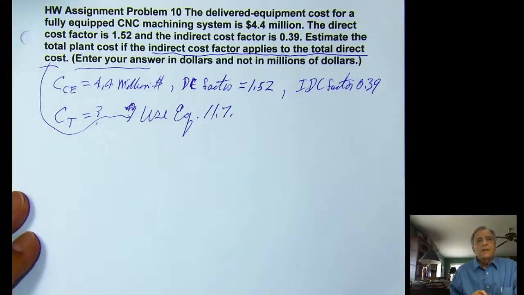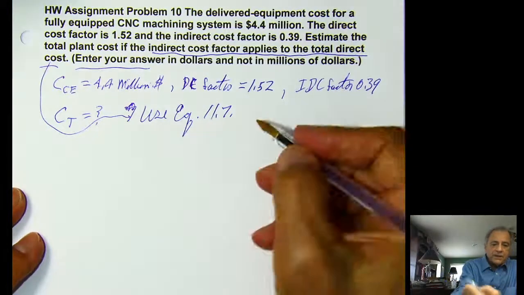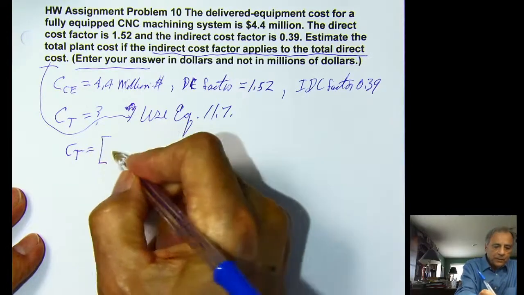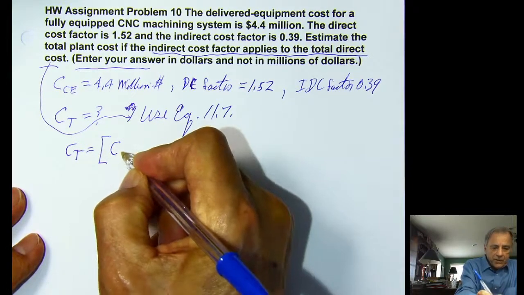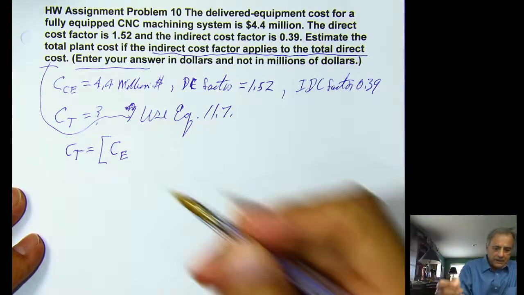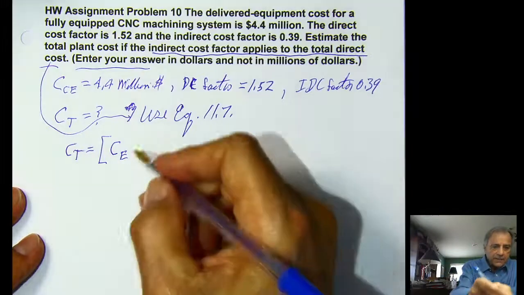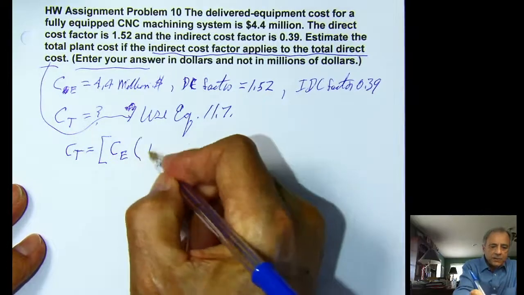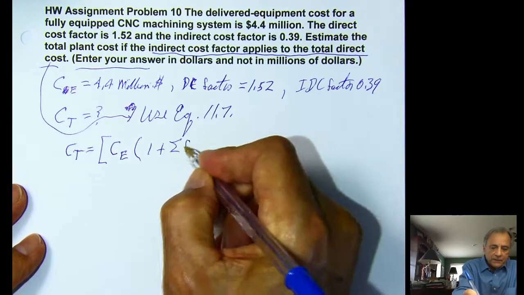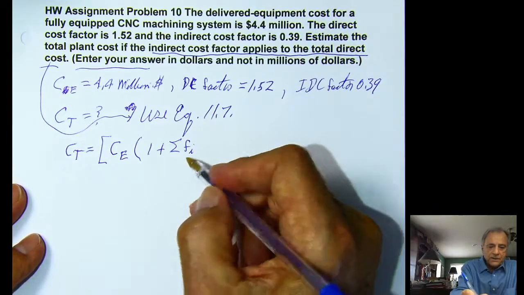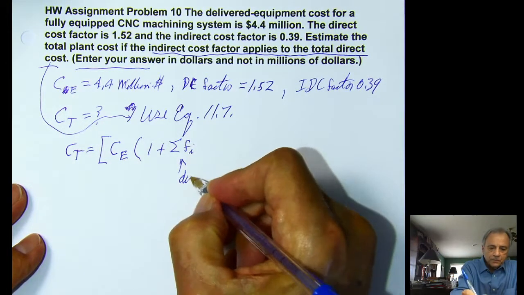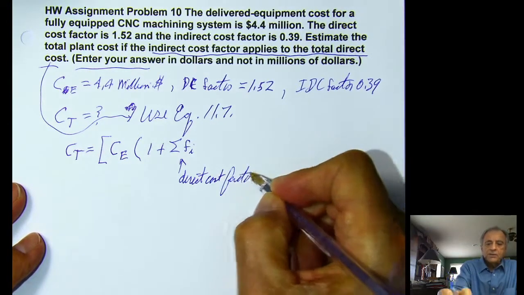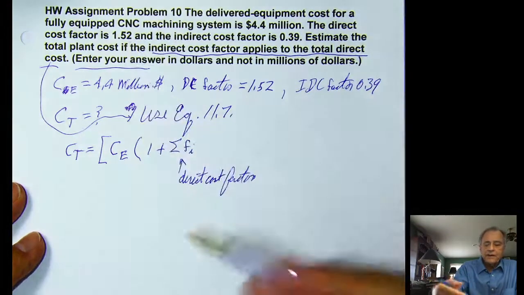11.7. And equation 11.7 says C sub T equals, open bracket, C of major equipment, E, times 1 plus the sum of the various direct cost factors. Sometimes this 1.52 is broken down into several factors.